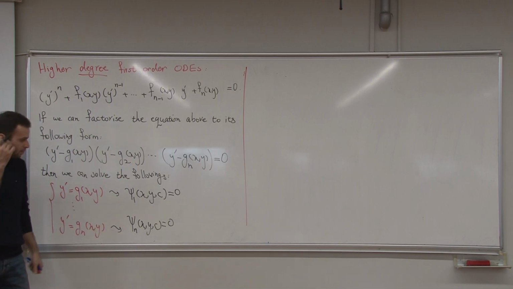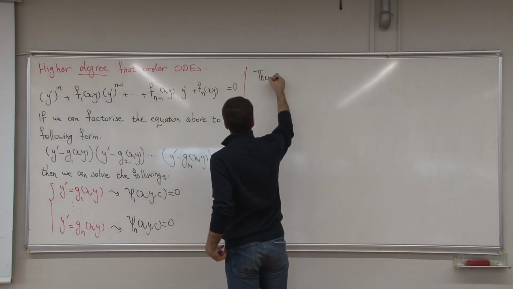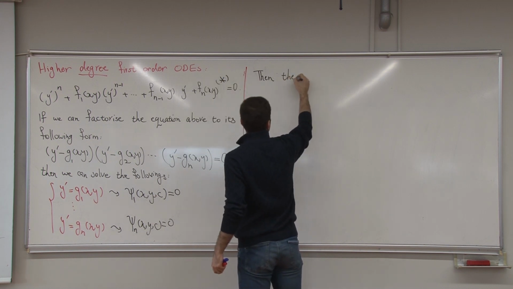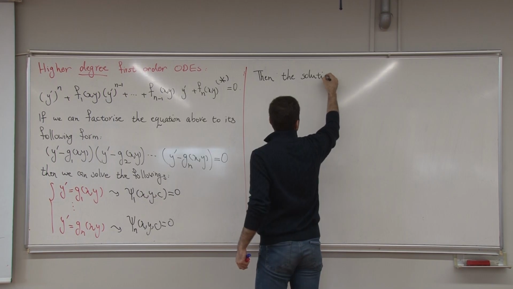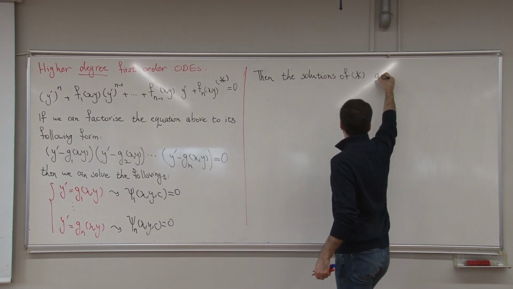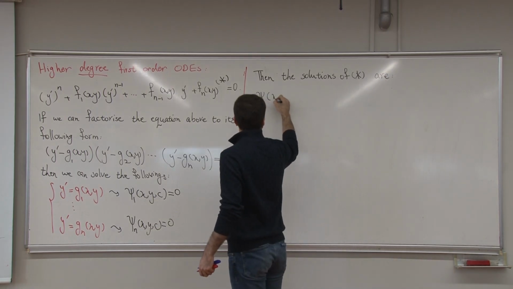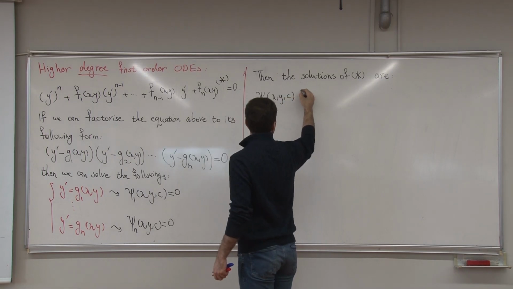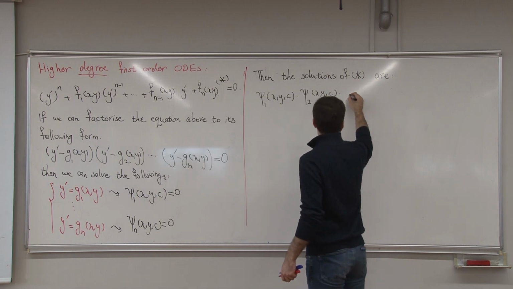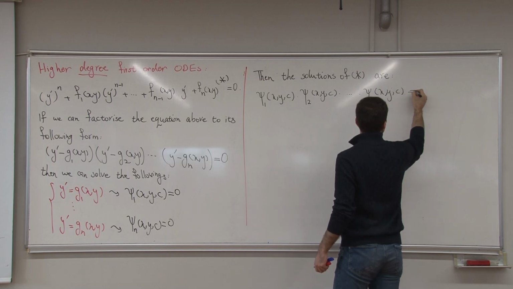We solve all of them separately. Then, let me call this star. The solution of star is psi1 of x, y, c, psi2 of x, y, c, up to psi n of x, y, c equal to 0.